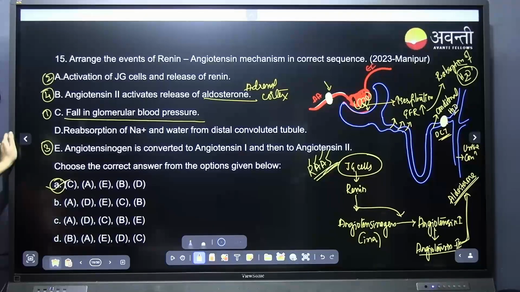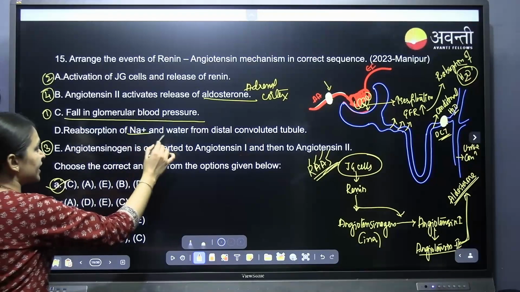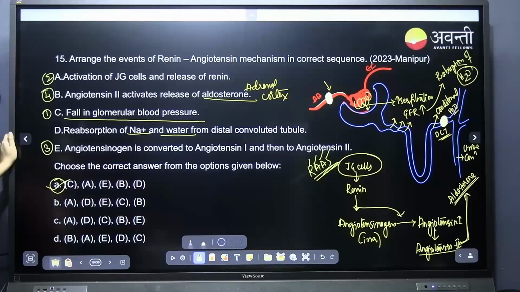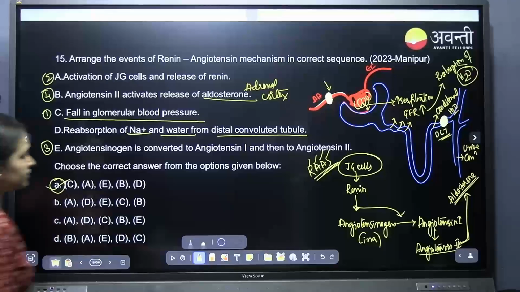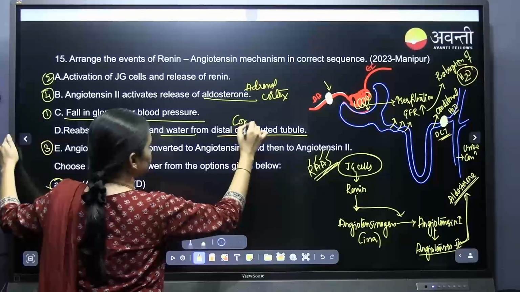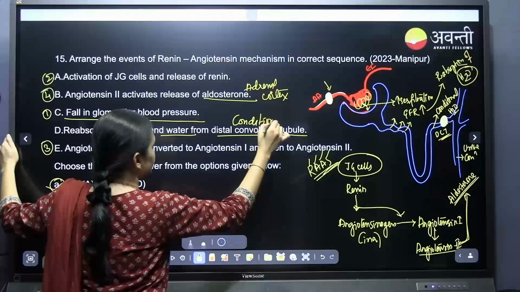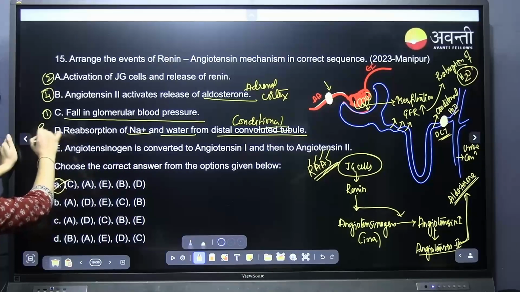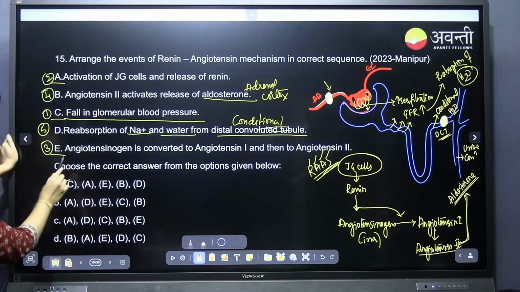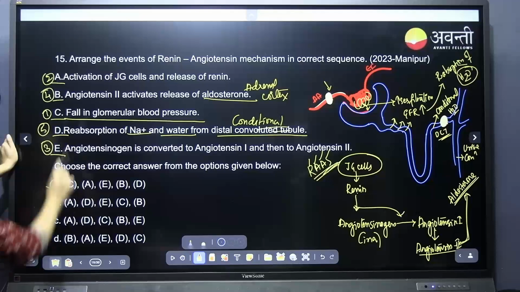And what does it do? Reabsorption of Na plus and water from the DCT takes place. That too conditional reabsorption. So this is the fifth one. C, A, E, B, D.